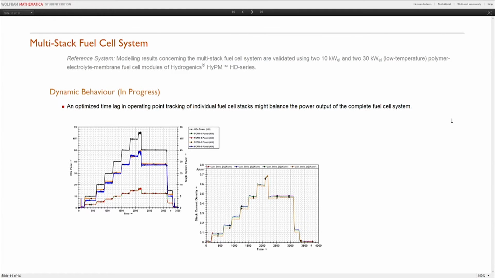It can be shown that the transient responses of each of these single stacks can be a little bit balanced in the complete output of the complete system if we have a very short temporal displacement between when we put the dynamic load on each of these stacks.